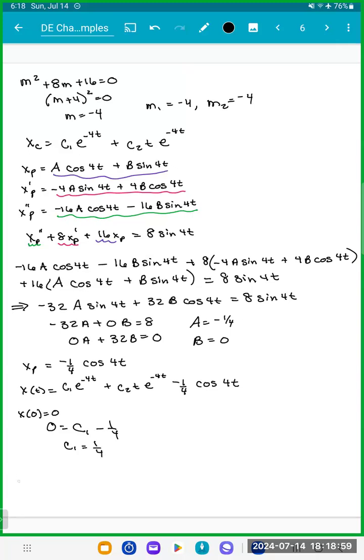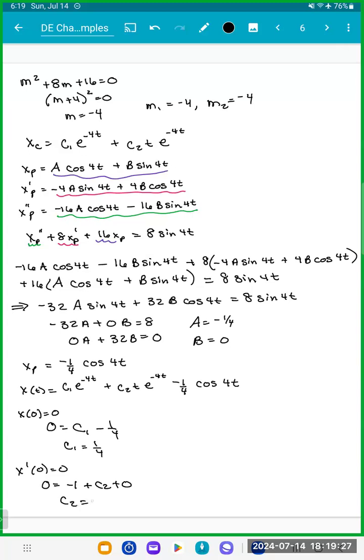Okay. When we do the same with our second derivative, plug in the 0 as well, we will solve out and get that 0 equals -1 plus C2 plus 0.